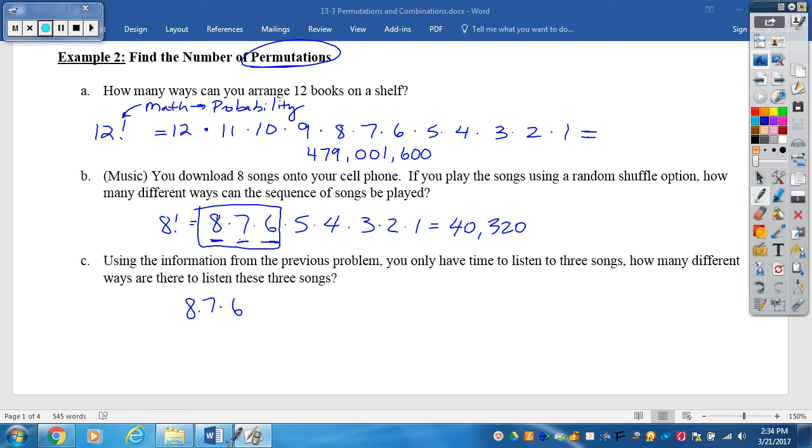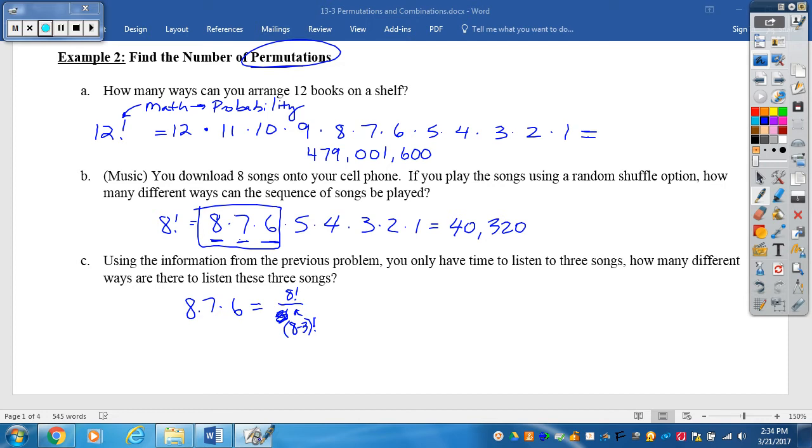Okay? But you could also think of it in this manner, and this is actually going to lead us to our permutation formula later on. If you take 8 factorial, and then subtract 3 from the 8, because I'm choosing 3, let me write that again. 8 minus 3 factorial. That would be down here. Okay?